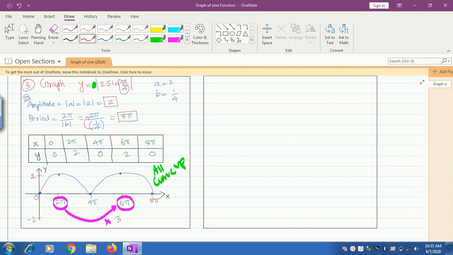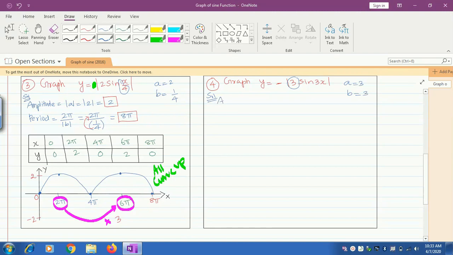Now I can take the next example, which is minus of absolute. Graph y is equal to minus absolute 3 sine 3x. As usual we have to take the a and b. What is a? a is this one, b is 3.